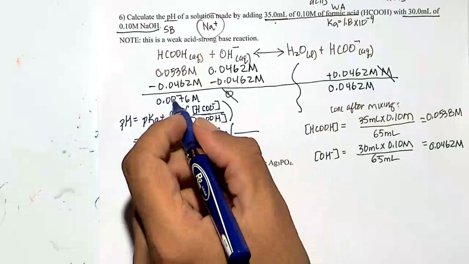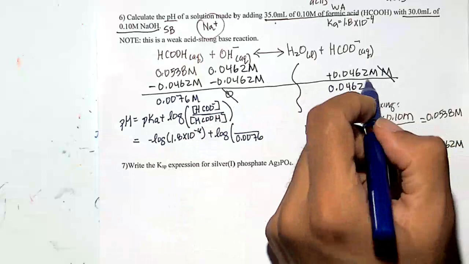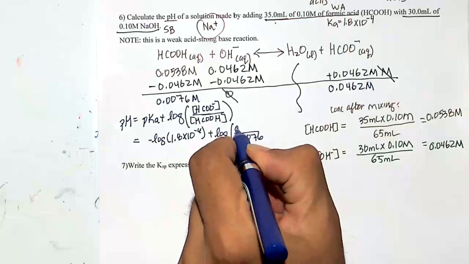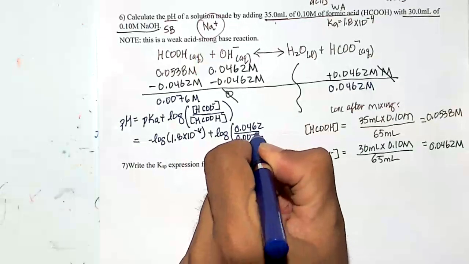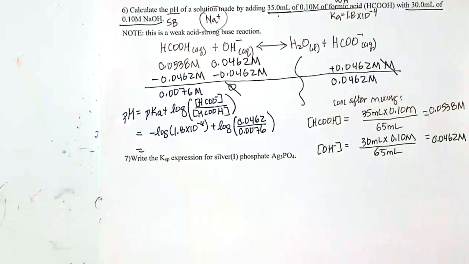Plus log of 0.0462 over HCOOH, 0.0076. And this is the answer after you put it in your calculator.